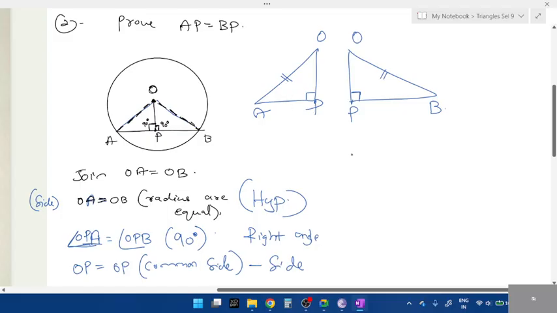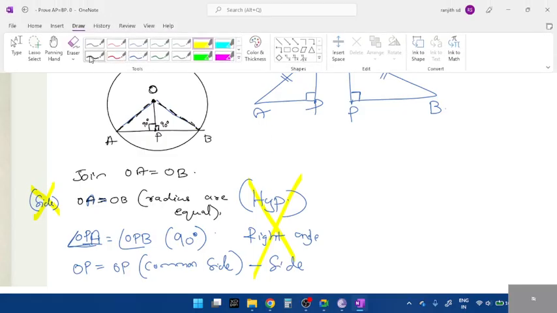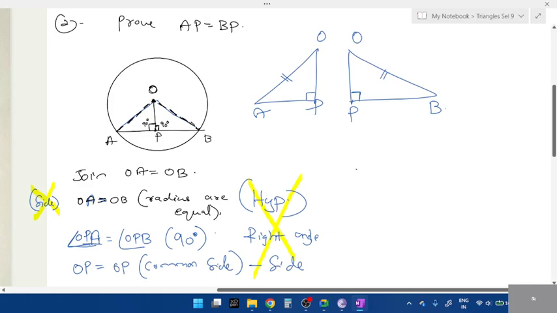Is this clear? Understood how to apply? See, I'll write it. Don't copy, students. I'll give you all time. Look here. Write like this. Once you prove this, in the exam you're not supposed to write this or this. This is just for explanation purpose. So once you write all this proving, triangle APO is congruent to triangle BPO.